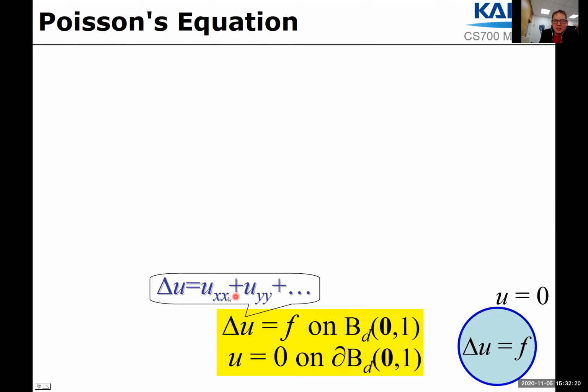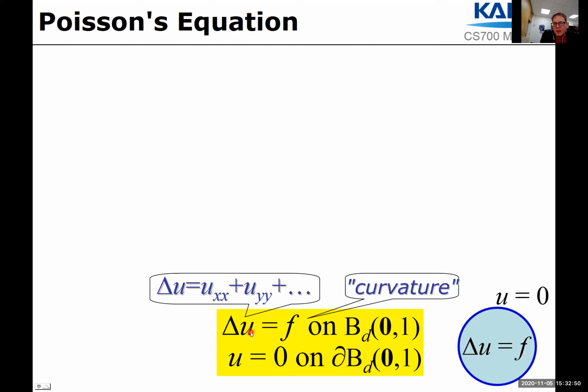And yes, this Laplace operator is an abbreviation of the sum of second partial derivatives: twice differentiating with respect to x, twice differentiating with respect to y, and so on, depending on how many dimensions we have. Intuitively speaking, the Laplace operator captures the curvature of the function u, right?